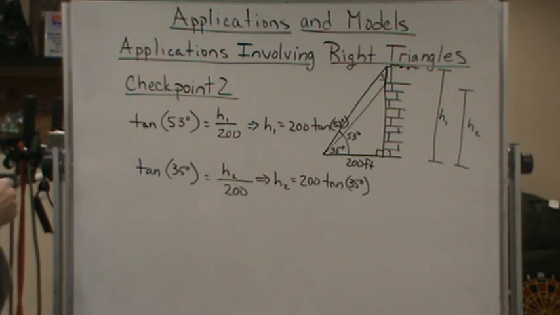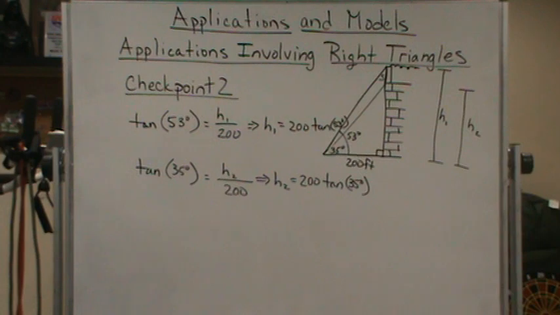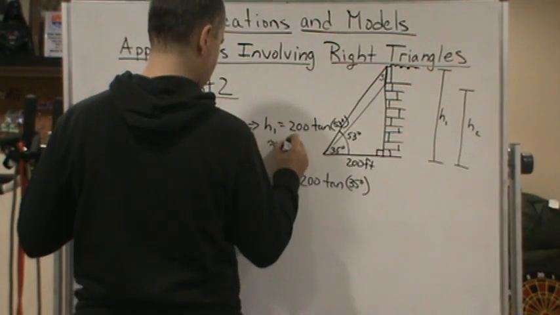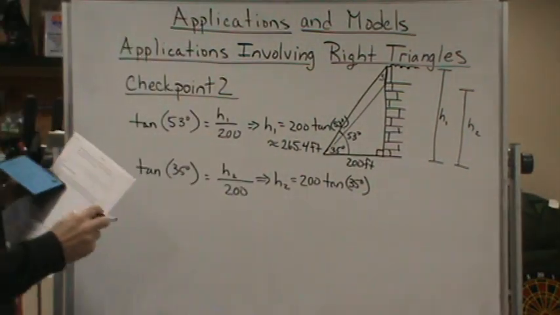Okay, so now let's calculate approximately each one of these. Let's do the top one first. 200 times tangent of 53 is going to be 265.4 feet.